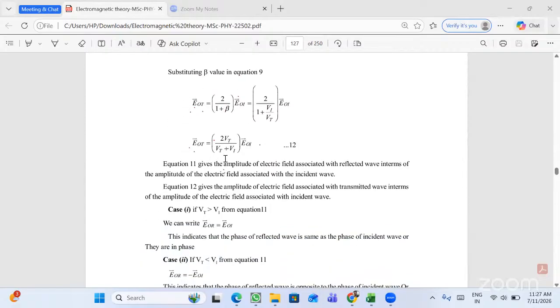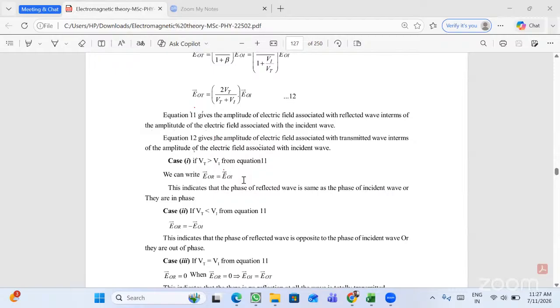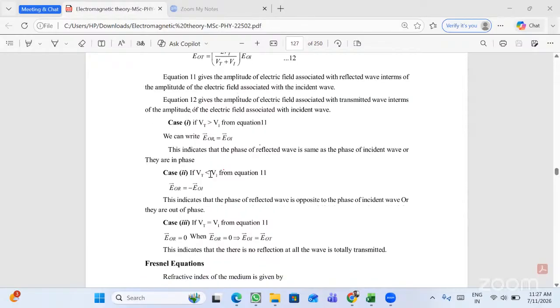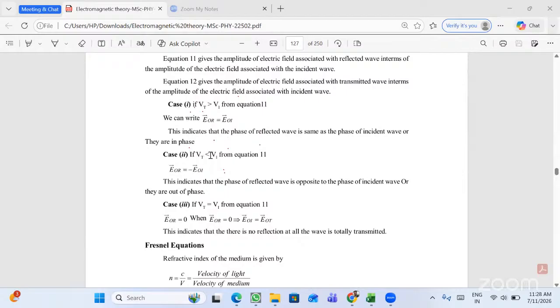This is the equation which we have, and we will be talking about the special cases here. Special cases means, if the electromagnetic wave is traveling with greater velocity in the transmitted medium than in the incident medium, that is one case, and another case is where the wave has less velocity in the transmitted medium.